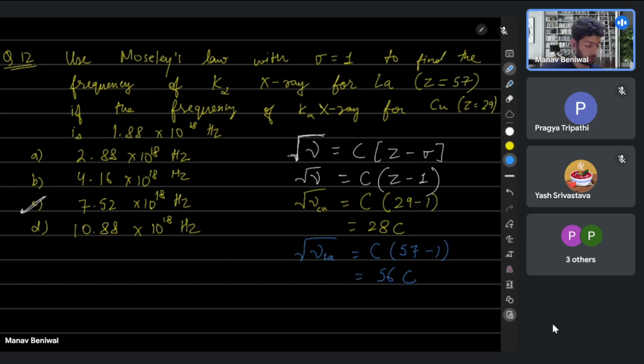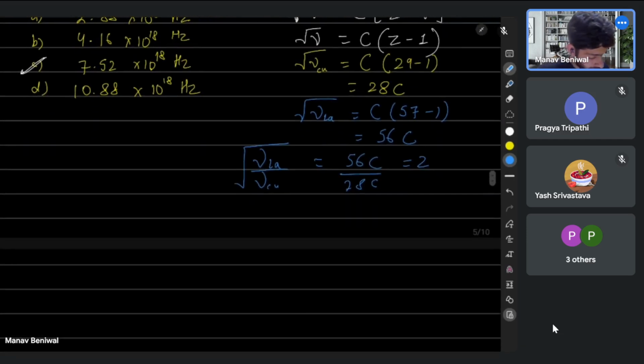Now what we can do is divide both these equations and write nu La upon nu copper, take the under root, and this will become 56C over 28C, which is nothing but 2, right? Now we can square both sides and write nu La is 4 times the frequency of copper.